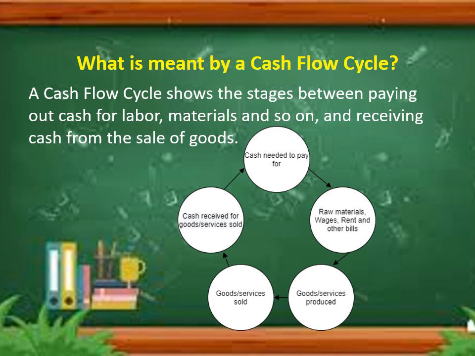These goods and services are marketed, promoted, distributed, and sold to the potential customers. As the businesses sell the goods and services, they receive cash for them, and then the cycle continues because a business would need to make more goods and services, and the business cycle continues.